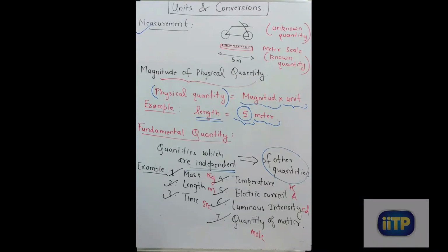They are termed as 7 dimensions of physical world. And any other quantity can be expressed in terms of these 7 fundamental quantities, right? Good. Now let us study fundamental unit.